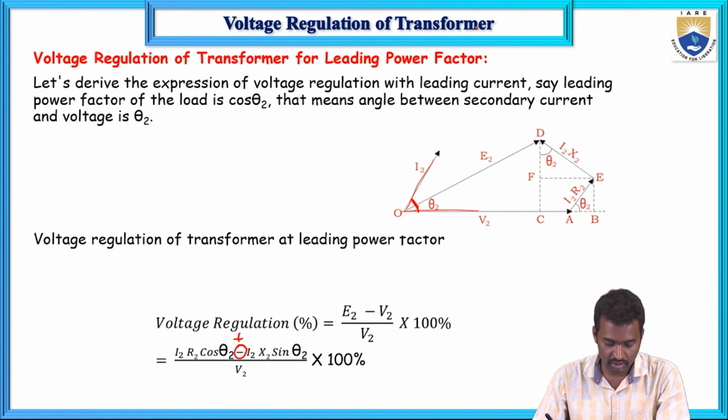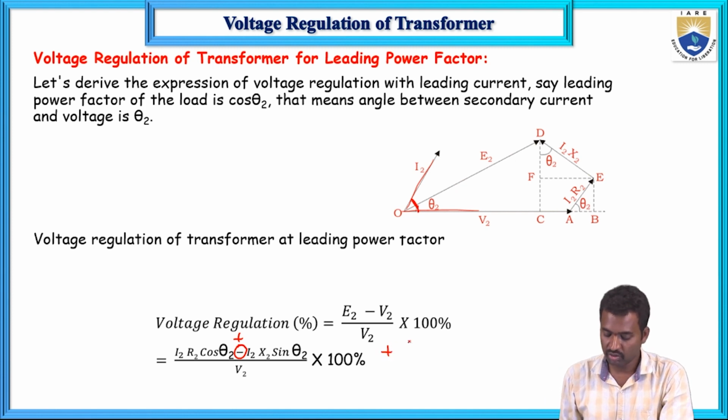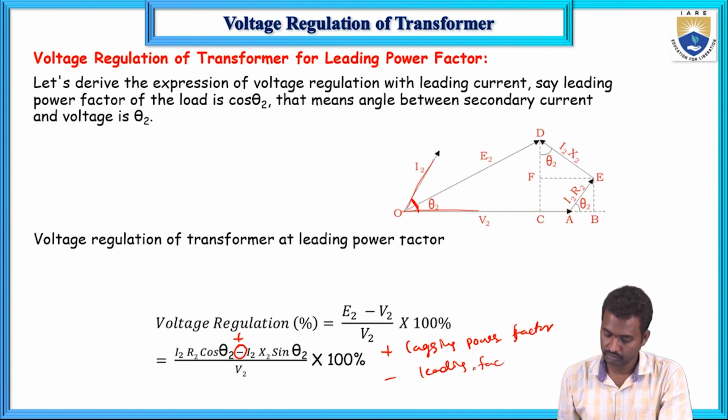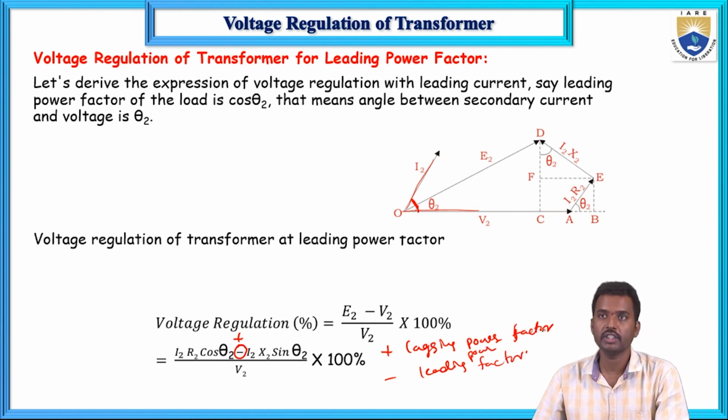Everything else is the same formula: I2 R2 cos theta 2, plus for lagging and minus for leading, I2 X2 sin theta 2, into 100, divided by V2. This is the formula for voltage regulation of a transformer.